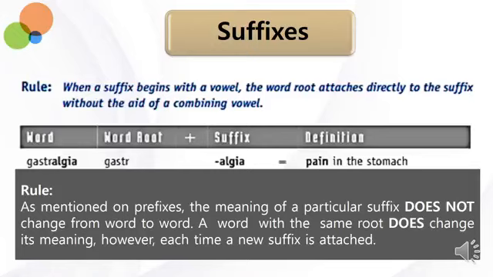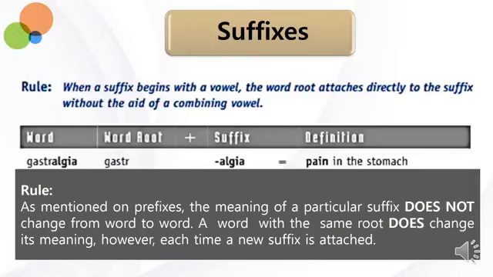Do you remember the rule that is related to the prefixes? It is applied here also for the suffixes. The meaning of a particular suffix does not change from word to word, as to say the meaning of a particular suffix is fixed. A word with the same root does change in its meaning by using different suffixes.